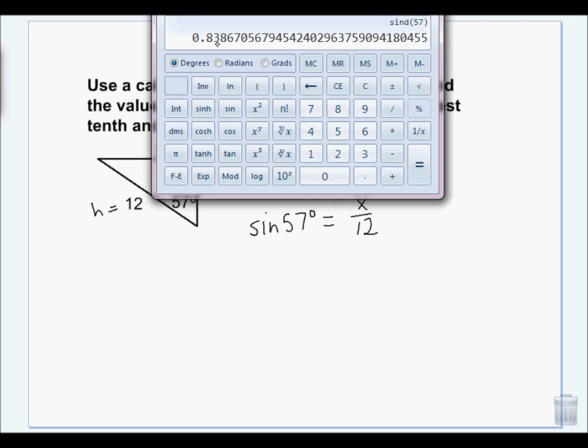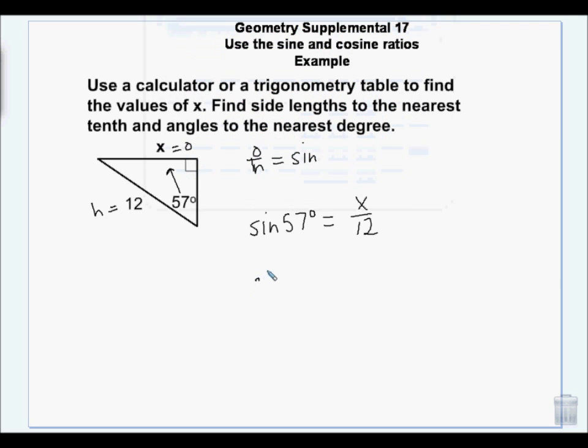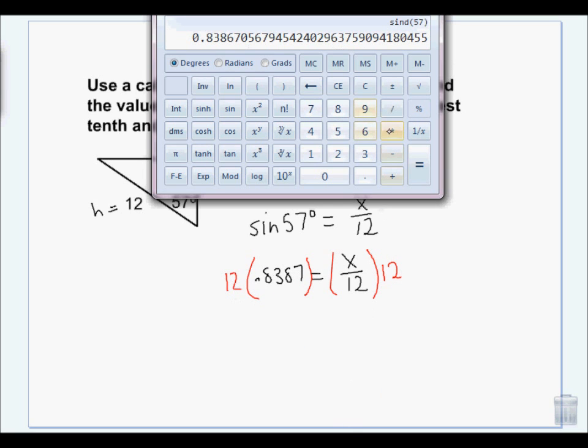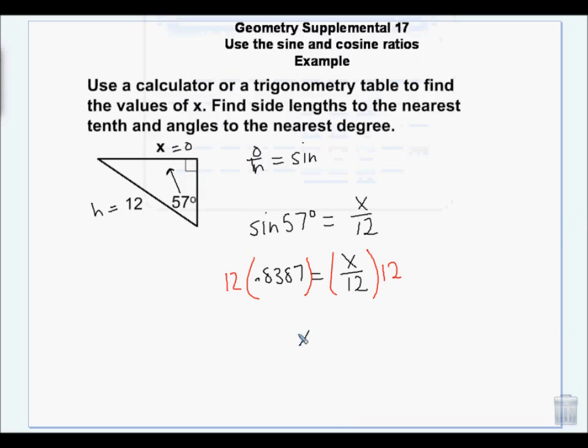That's 0.8387. And that's equal to x over 12. And multiply both sides by 12. So x is equal to 10.1.